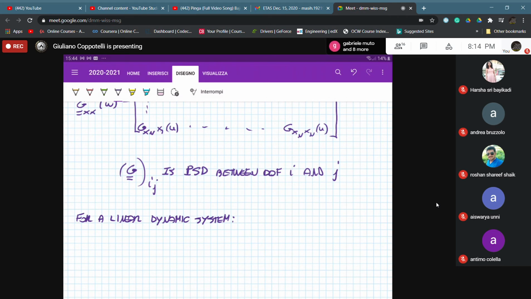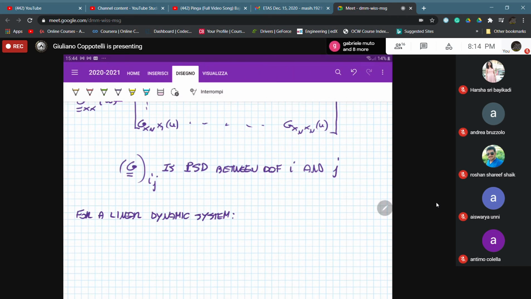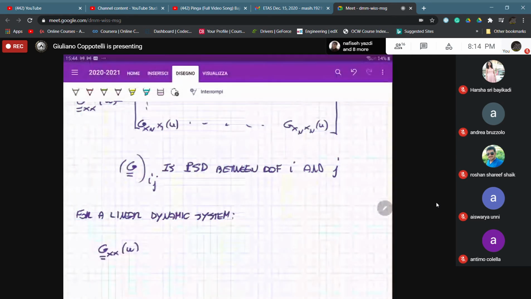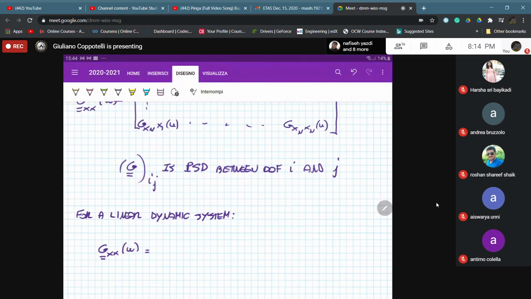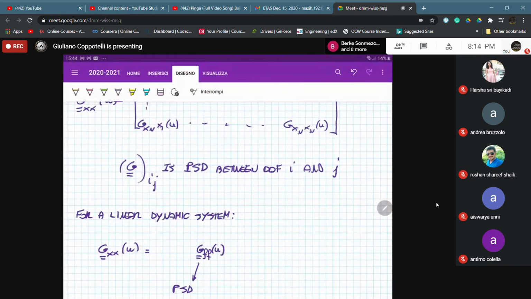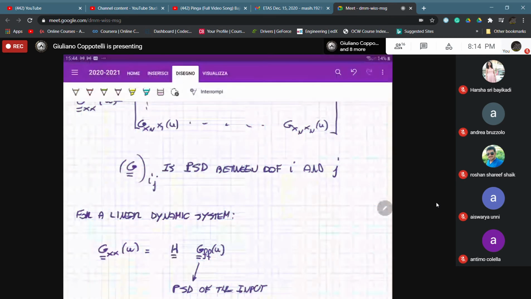So Gxx of omega is linked to Gff of omega, the power spectral density matrix of the input, through the frequency response function.